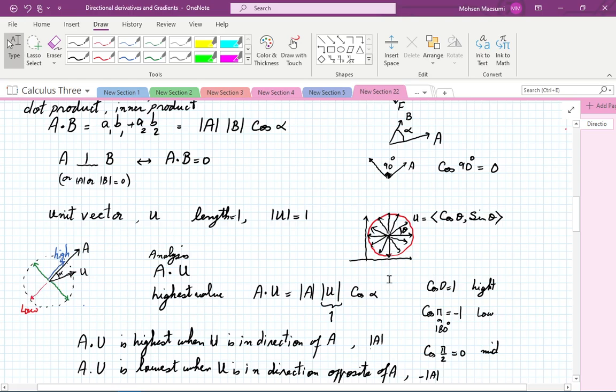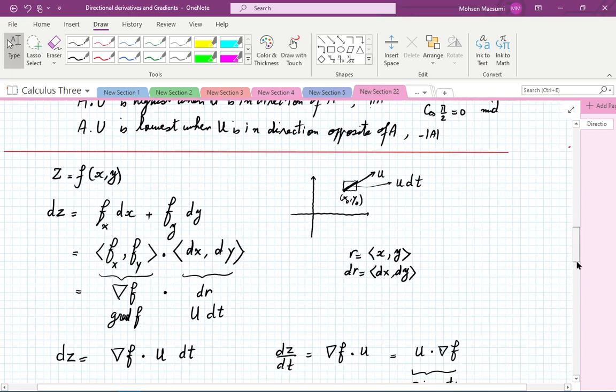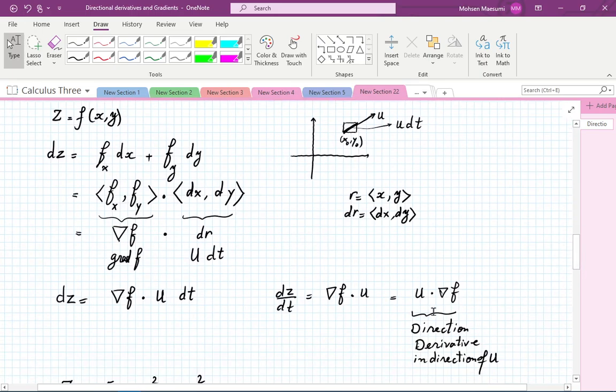What does that have to do with our problem? The connection is in the directional derivative. We said the directional derivative in the direction of u is u dotted with our gradient. So if you want this to be the highest value, pick u to be in the direction of the gradient of f. If you want this to be the lowest value, then pick u to be the opposite, that is, the negative of that. If you don't want any change at all, then take u to be perpendicular to the gradient, and therefore your dot product is going to be 0.